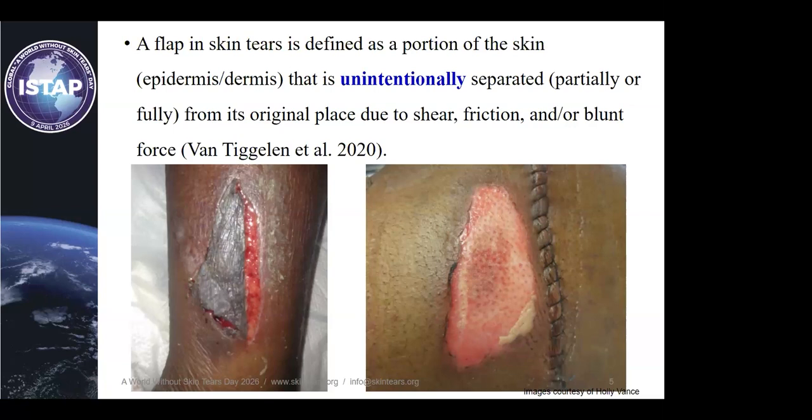This is not to be confused with tissue that is intentionally detached from its place of origin for therapeutic reasons, for example, a skin graft.